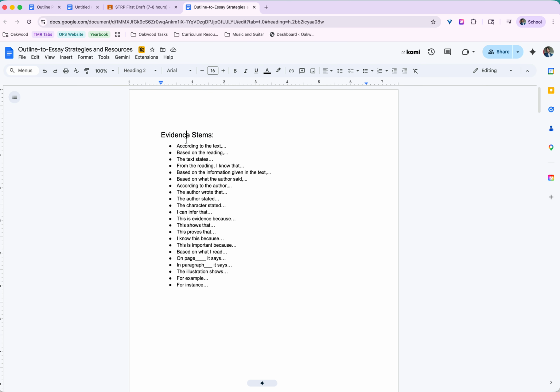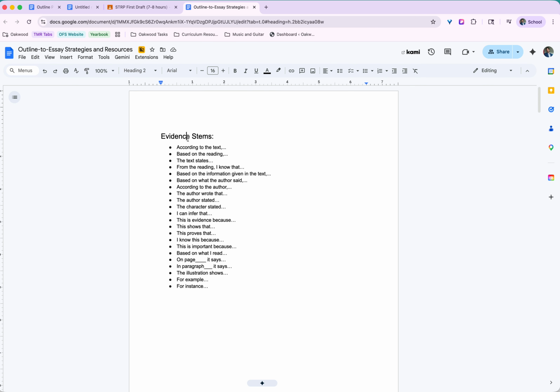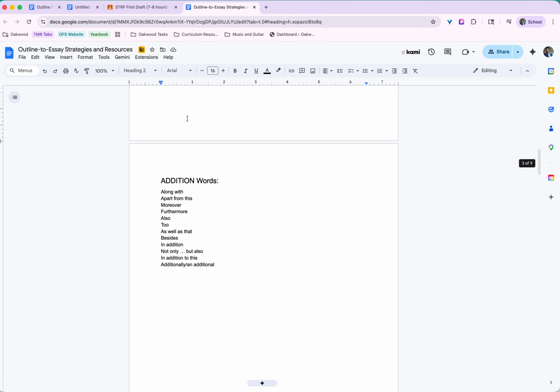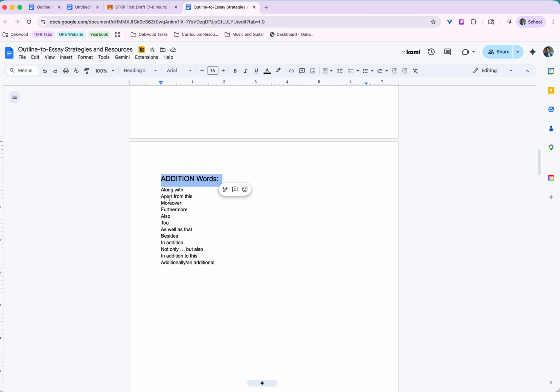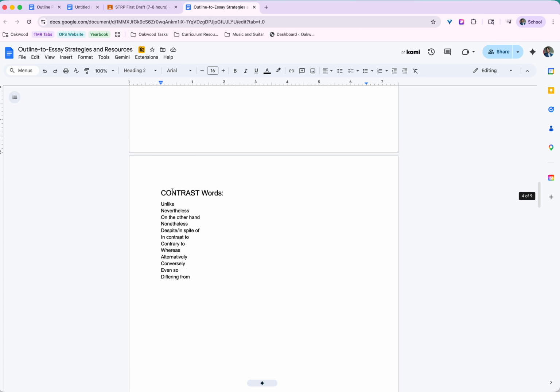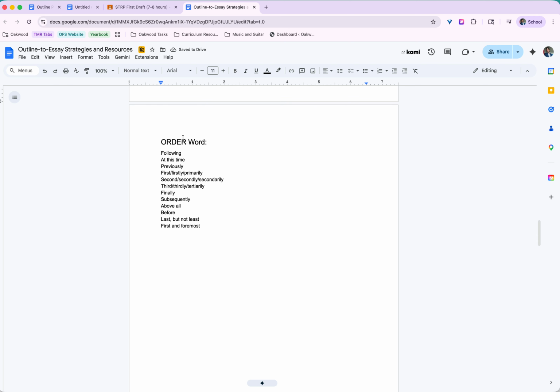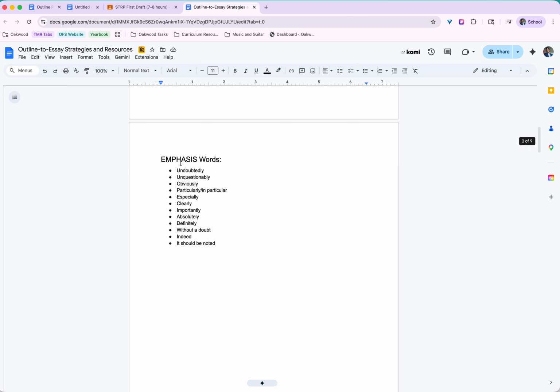We have evidence stems, right? So this might be something that adds something in a sequence. We have emphasis words. These are great to start off our sentences that are multipliers. We have addition words. These are great to start out our sentences that are addition, kind of in that vein. Contrast words, obviously that would be for the opposite. And then order words. This would be great for using those dots.